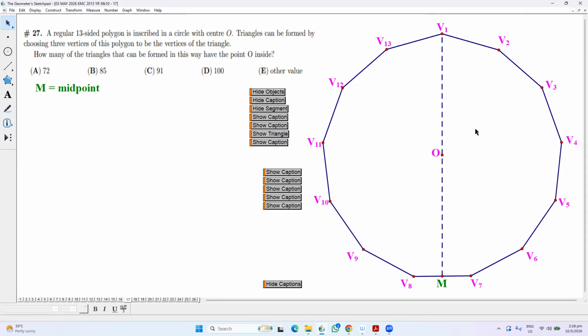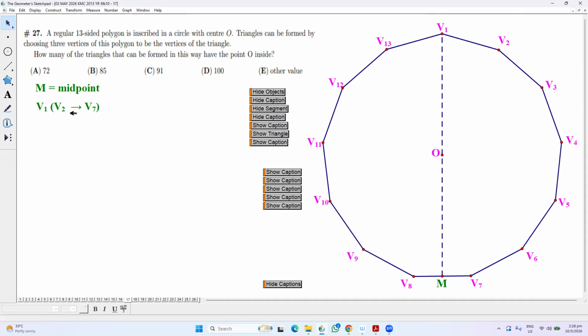We cannot just simply join. We have to know the procedure so that we don't double count, so that we don't count the same triangle more than once. So how to have a procedure? We choose V1 first. We want V1 to be a vertex.